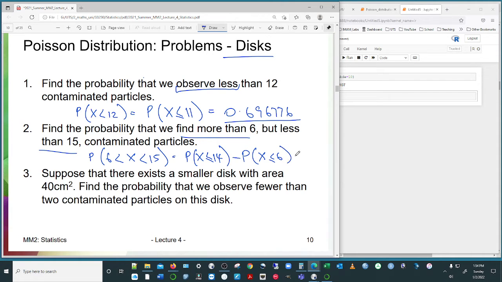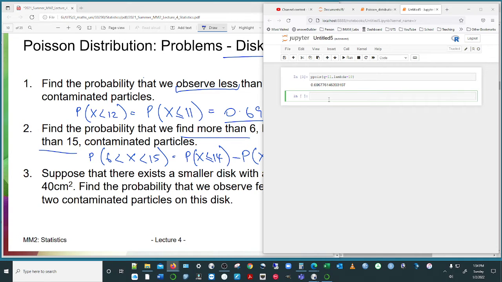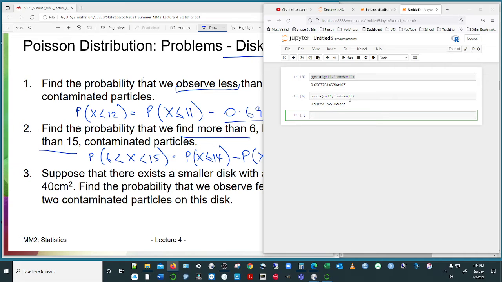And we can do that also. So we can take our cumulative, control copy, this time it'll be 14, and this time it'll be 6.